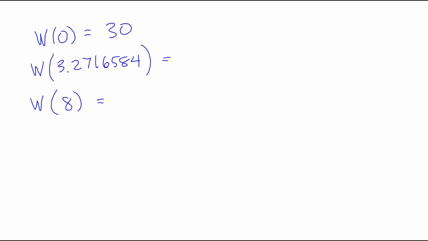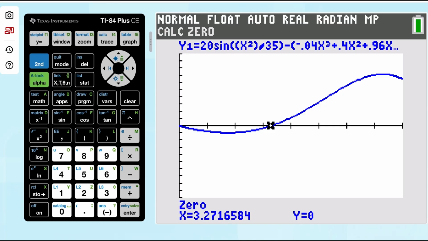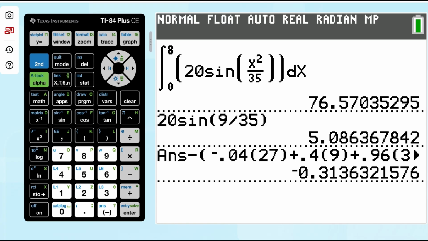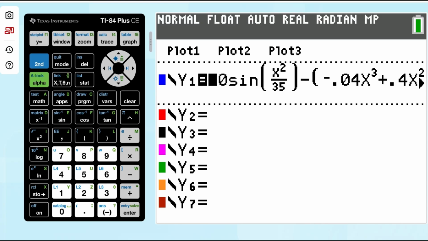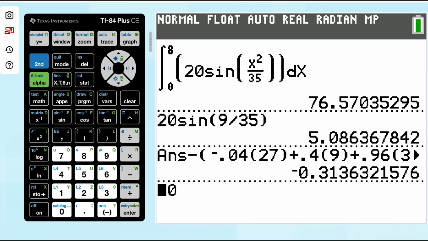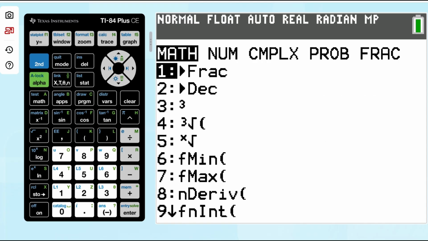Well, conveniently, we have our graphing calculator. So we could just go into our graphing calculator and say, well, our function was 30 plus the integral of this function we have in y sub 1, r minus d. So it's 30 plus math, option number 9 for an integral.